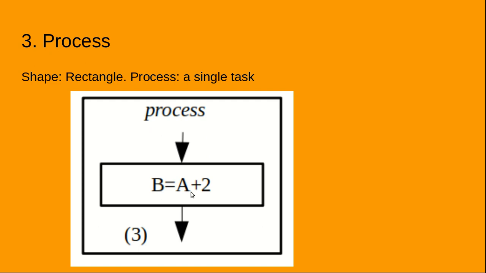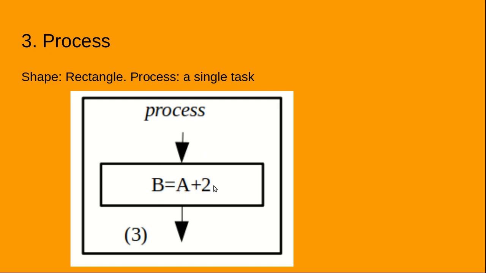Actually, this process has A and B. A and B are variables, and either you have to define variable values, or you have to input from the input outside to this process.